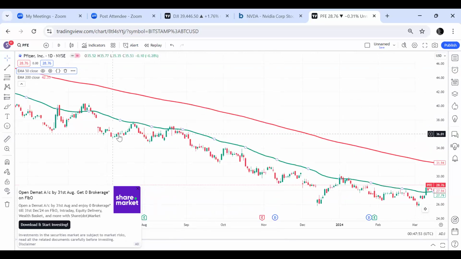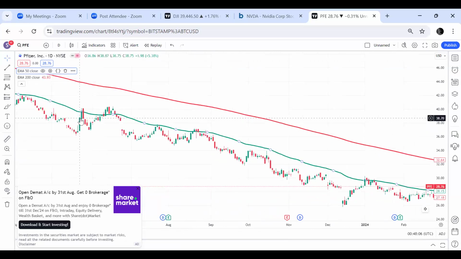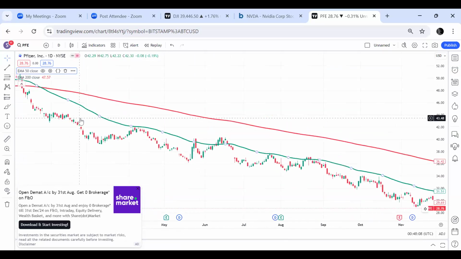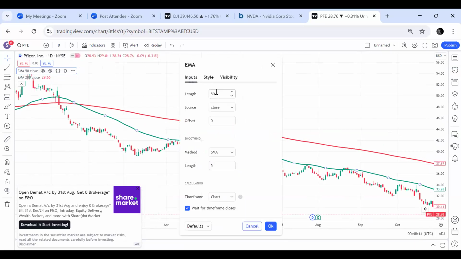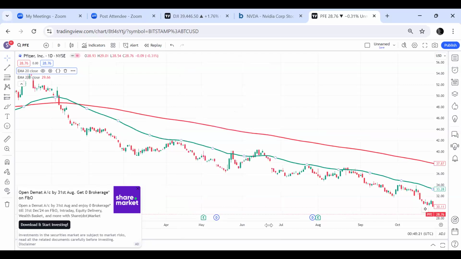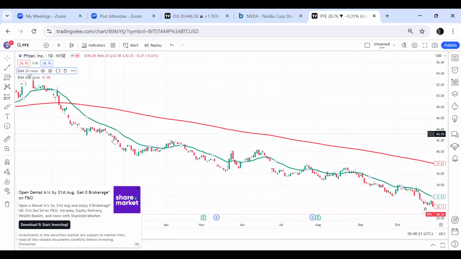Here it is not taking resistance near this level. It's taking resistance at very few points, not at many points, so it is not the correct EMA for this chart. Instead of 50 EMA, if I change it to 20 EMA, you can see the difference.